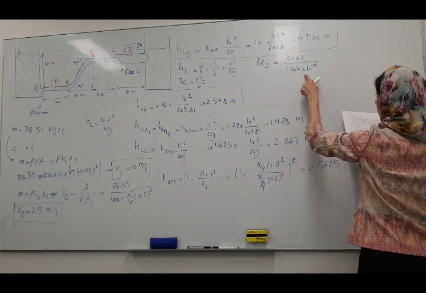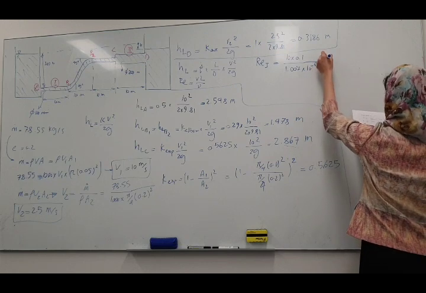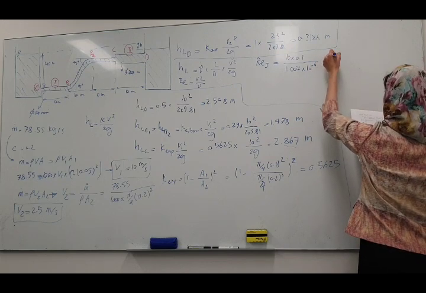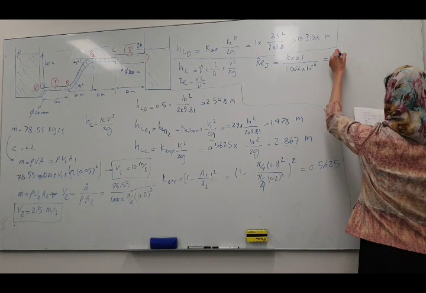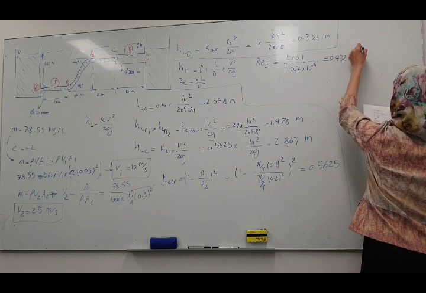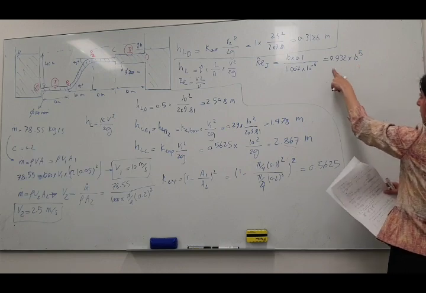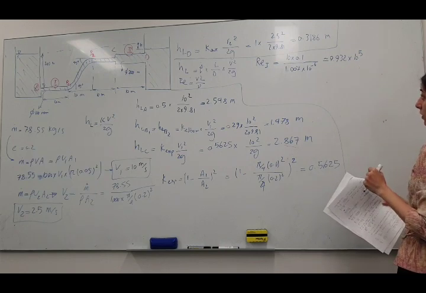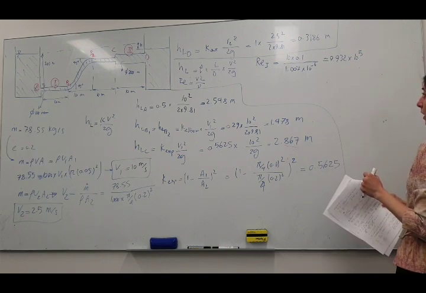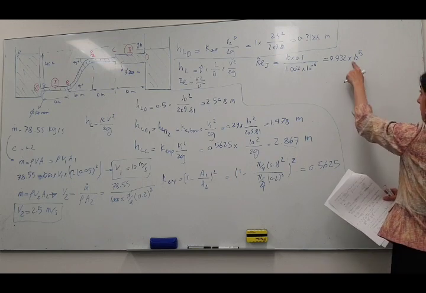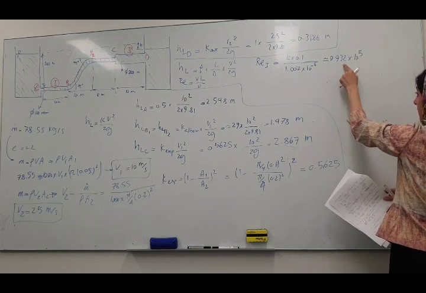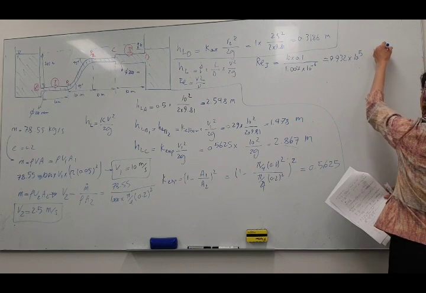That's the viscosity for water, and it gives us a Reynolds number of about 9.932 times 10 to the 5, which tells us the flow is turbulent because it's much higher than the critical Reynolds number in the rough pipe. That's the reason the flow is turbulent.